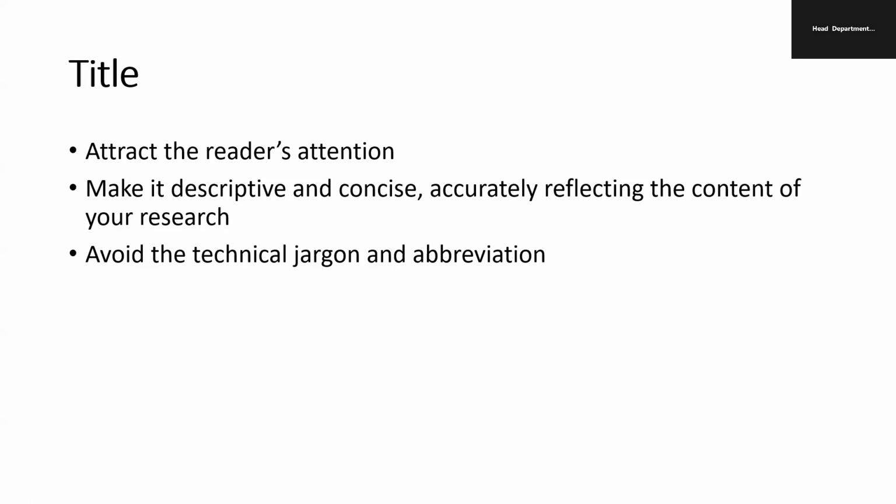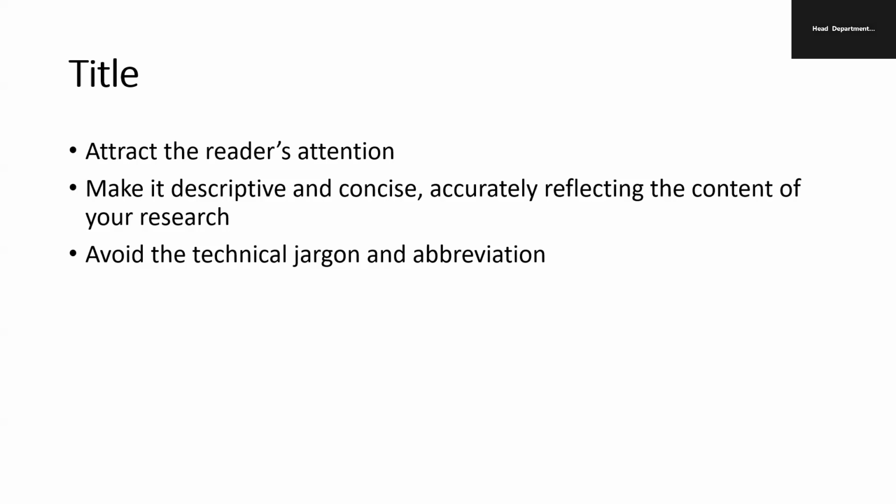Like let's take this, Impact of Managerial Skills on SME Success. Right? Don't keep the title as this. You have to give the full name of SME. Impact of Managerial Skills on Small and Medium Enterprises Success.